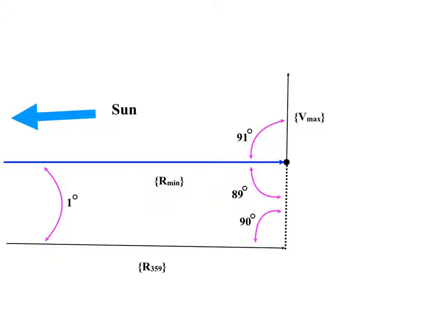And once again, we form a right triangle with r min as the hypotenuse, which means that r min is longer than r359, shown here. And again, this logical contradiction tells us that the angle between Vmax and r min cannot be greater than 90 degrees.